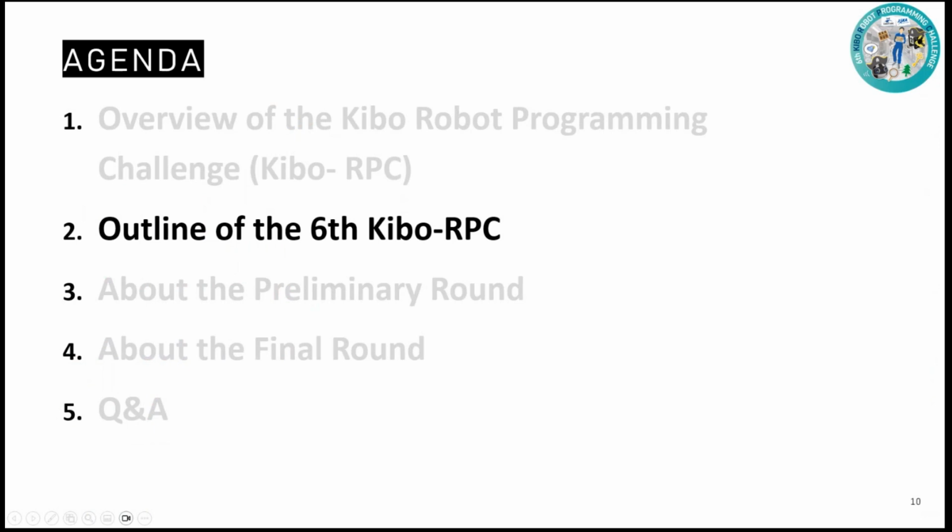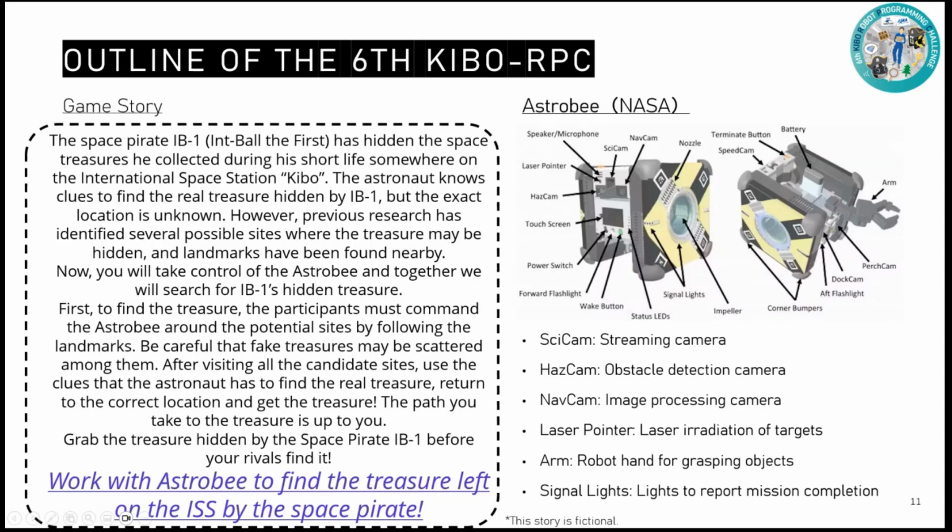So now we will see the details of the 6th Kibo RPC, the outline. We will first take a look at the game story for this year's edition. This time the story will follow a space pirate named IB1, Interval the First, who over the course of its short life gathered cosmic treasure and hid it somewhere inside the Kibo module of the ISS.